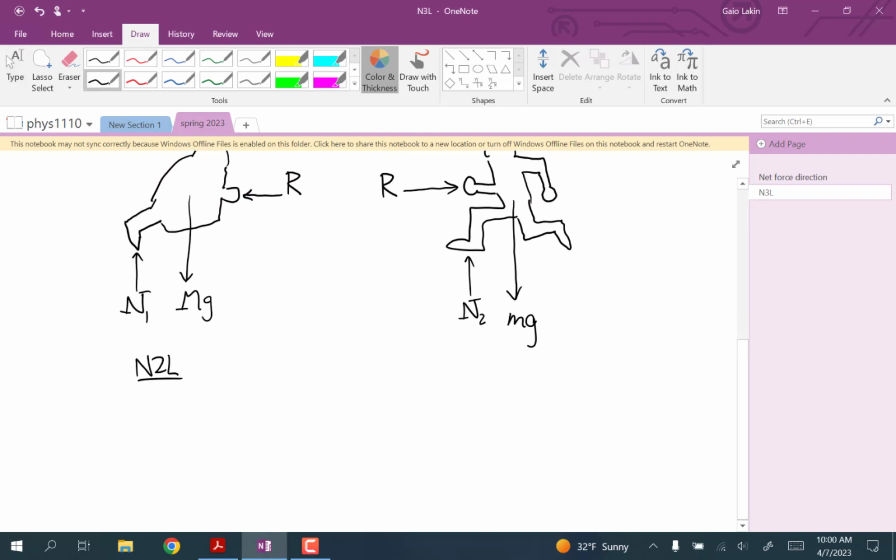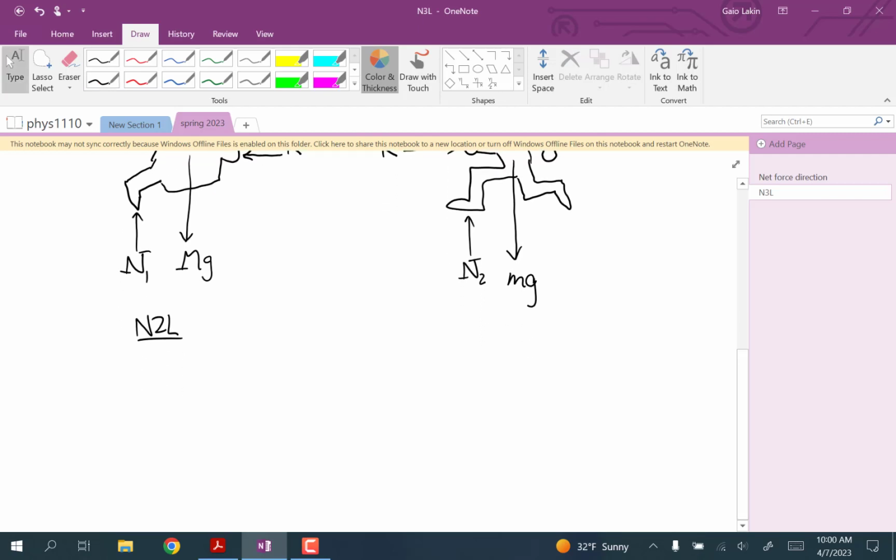For the big player, Newton's second law in the X direction says R is equal to big M times A1. And so the horizontal acceleration of the big player is going to be R over big M.